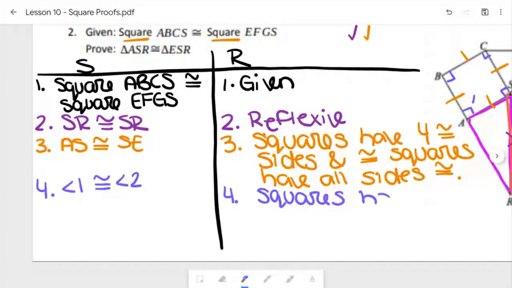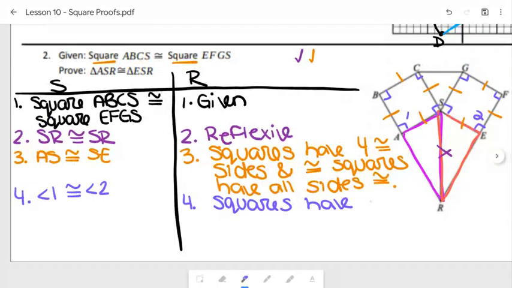Squares have congruent right angles. So we don't have to do anything fancy there because if we know it's a right angle, 90 degrees is 90 degrees no matter where it is. So I don't even have to worry about having 2 separate triangles or squares that have it.